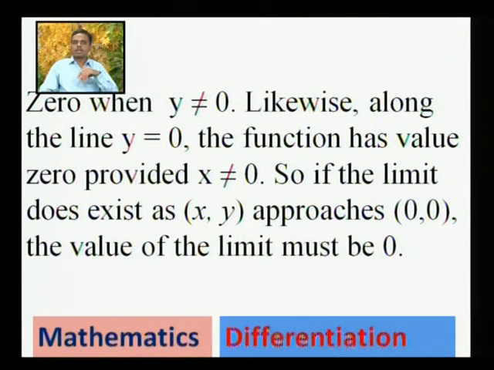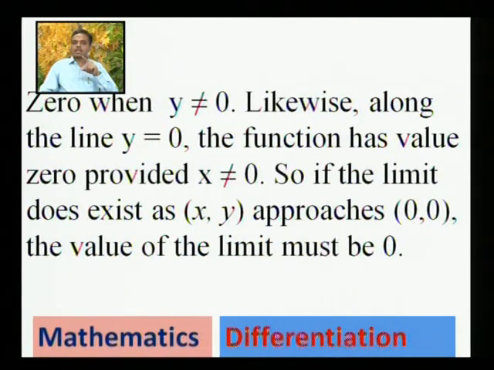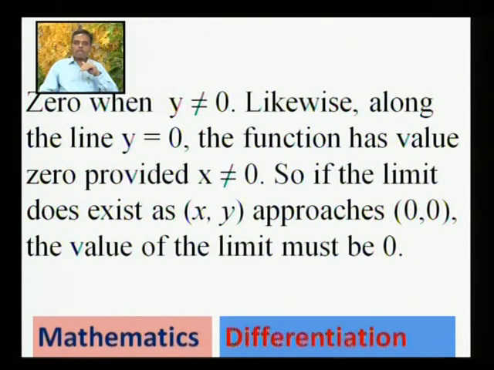And the same thing along the line y equal to 0, the function has value 0 provided x not equal to 0. Again, if you put y equal to 0 in this fraction, it is going to be 0. But the condition x not equal to 0 is needed, otherwise if x equal to 0, then this is 0 by 0, which is an indeterminate form. So if the limit does exist as (x, y) approaches (0, 0), the value of the limit must be 0.